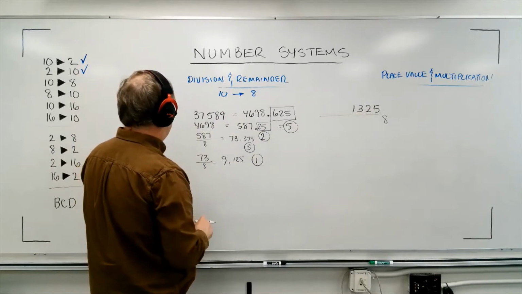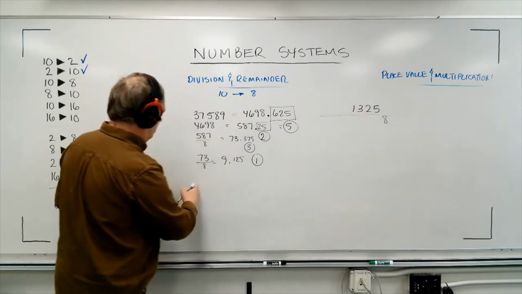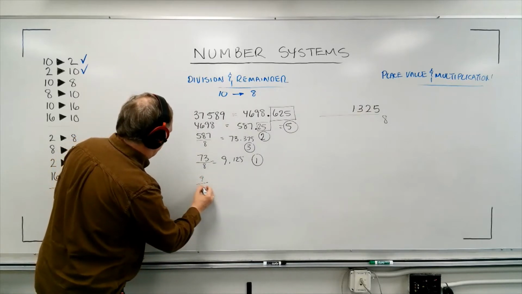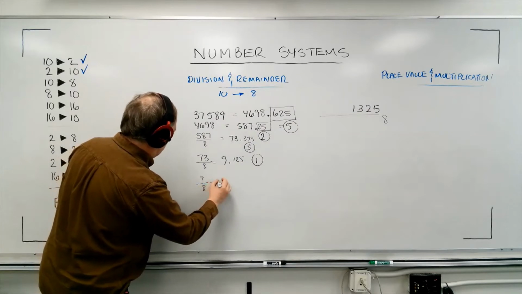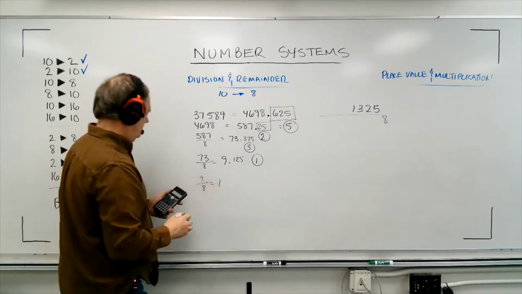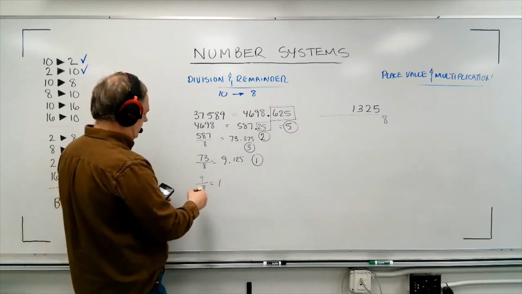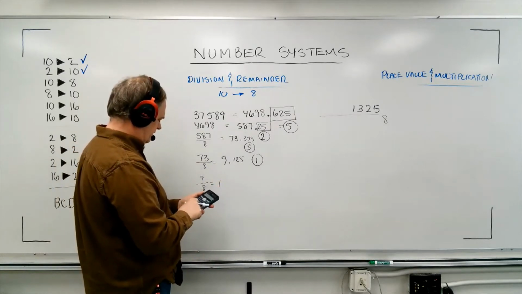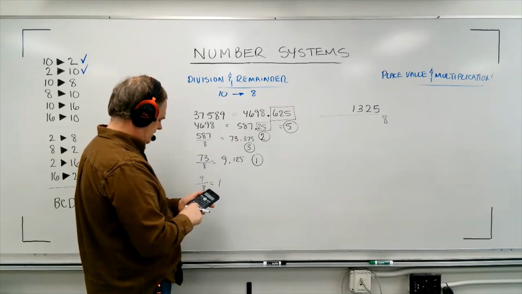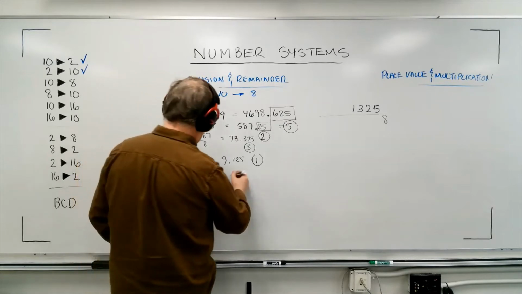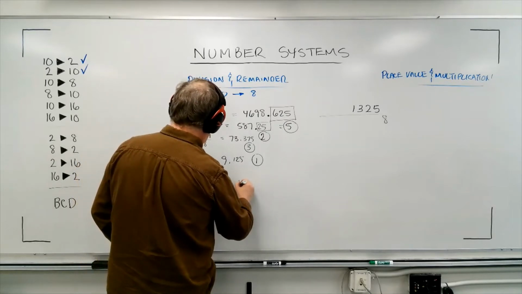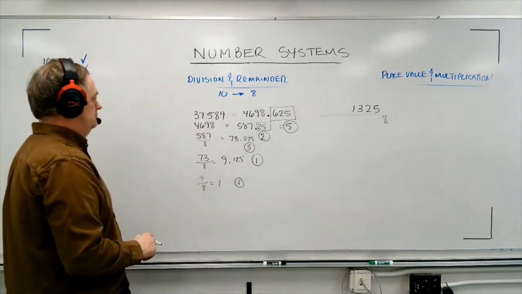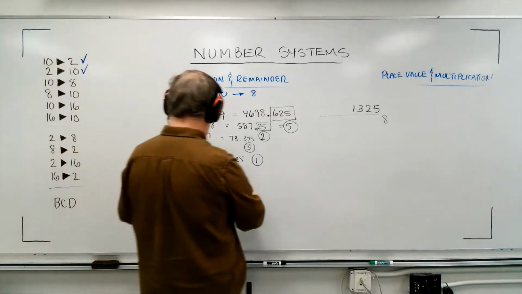Now we're down to 9 divided by 8, and it's going to be, I'm guessing, 1.125. 9 divided by 8 equals 1.125, which means 1 with a remainder of 1.